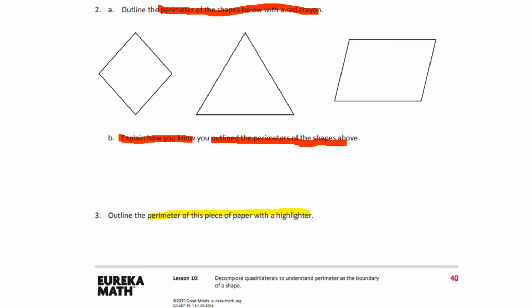If you're printing these out, you can do it with a crayon, and if you don't have a highlighter, you can use a yellow crayon. If you're doing it on the computer, just take the yellow coloring tool and outline this shape, your document. So take your time to do that. I gave you three questions, but these are the last questions for this lesson.